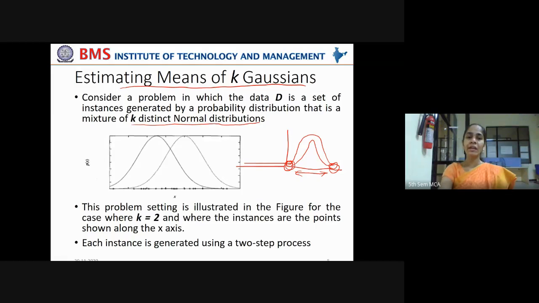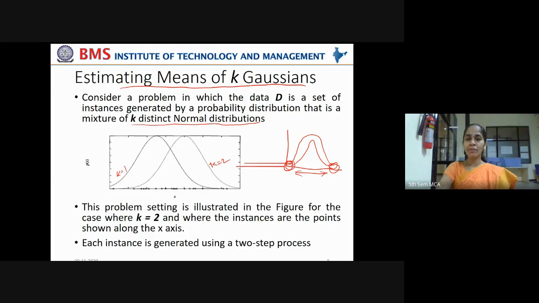See in this figure, this is normal distribution 1, k equal to 1. This is normal distribution k equal to 2. Now we are considering a problem in which the data instances or the training examples are generated by a probability distribution that is a mixture of these two normal distributions.